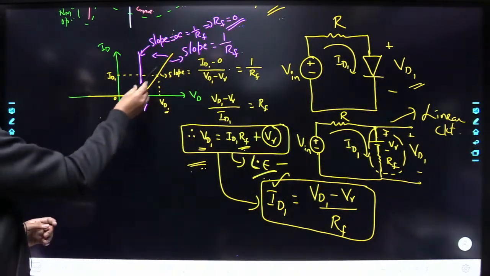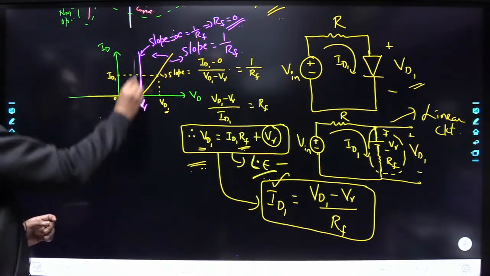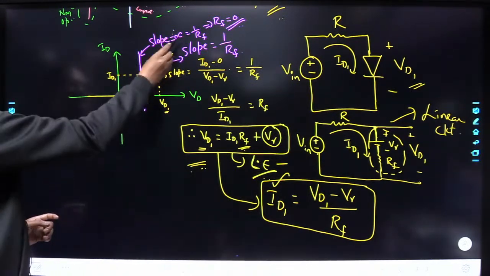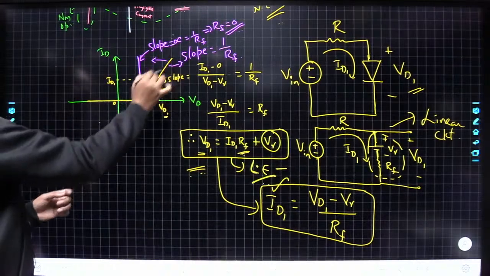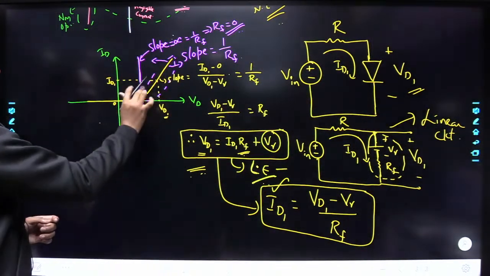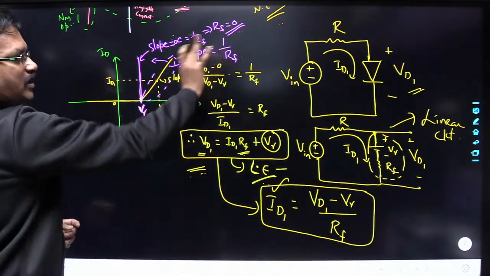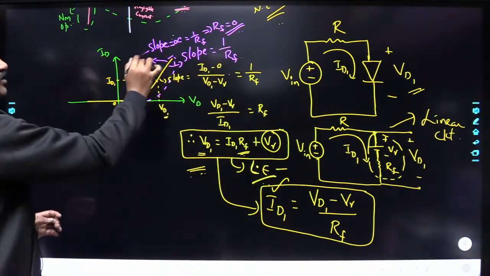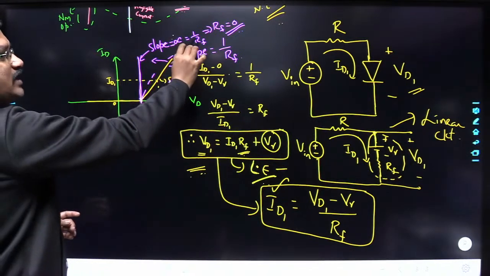So what is the difference between this model and this model? In this approximate model, the slope is equal to 1 by RF, whereas here the slope is infinity. That means you can replace RF with 0.